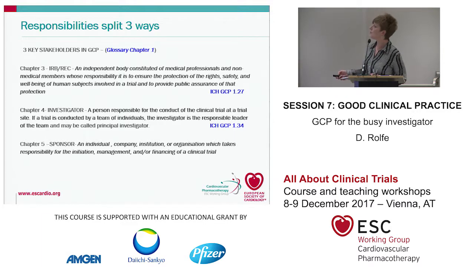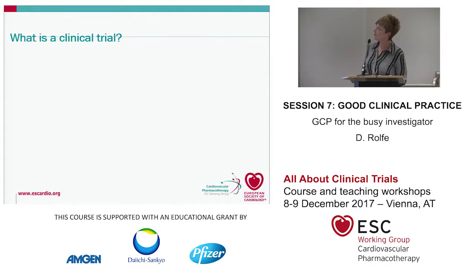And throughout this talk, the blue highlighted text is going to reference where in the ICH GCP guidelines you can actually find that. And Chapter 1 is the glossary, and these have been taken from the definitions throughout the guidelines. So what is a clinical trial?